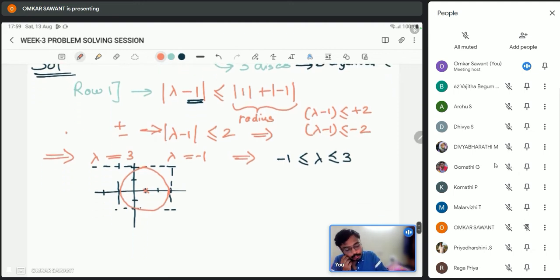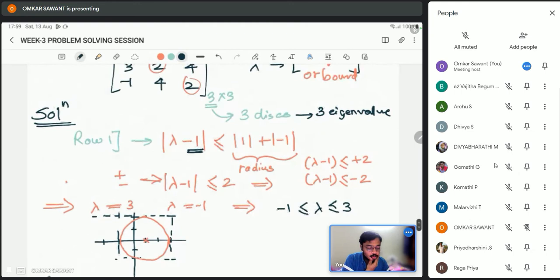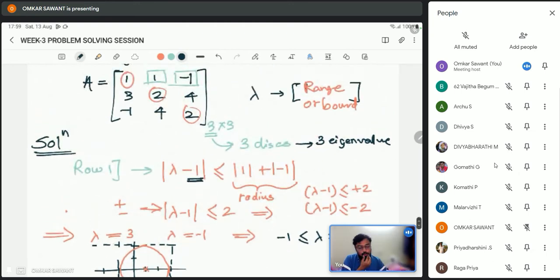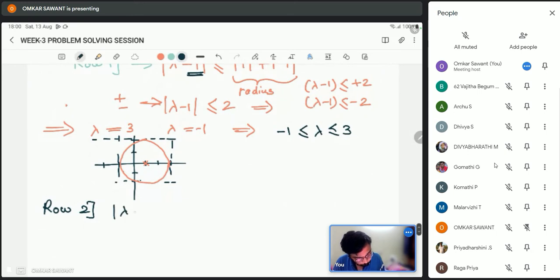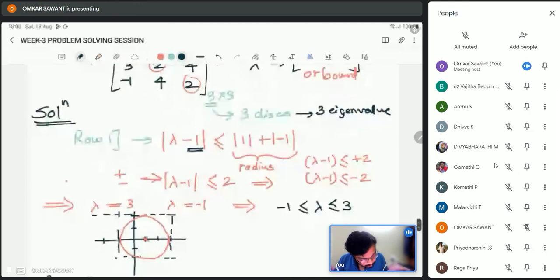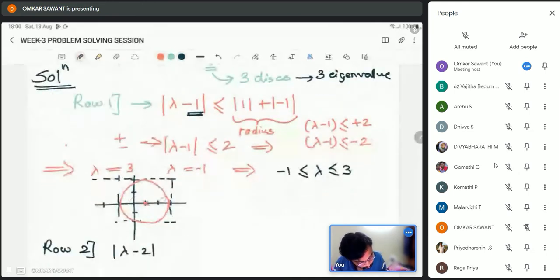Similarly, we can calculate for row 2. Can anyone tell me what will be the Gershgorin radius for row 2? This is 2, right? We have calculated this radius.